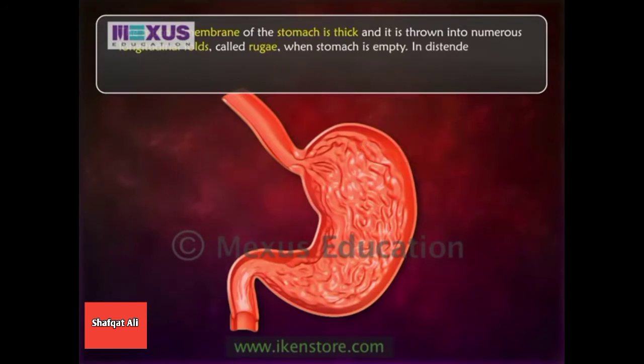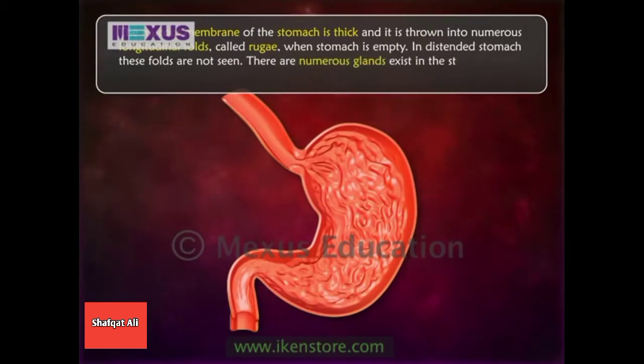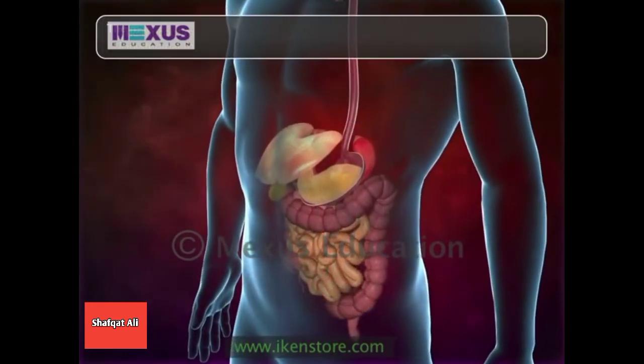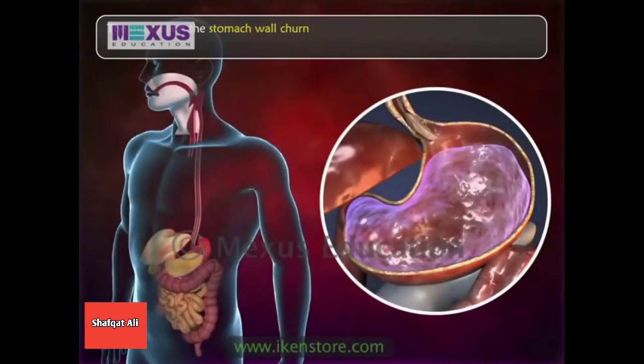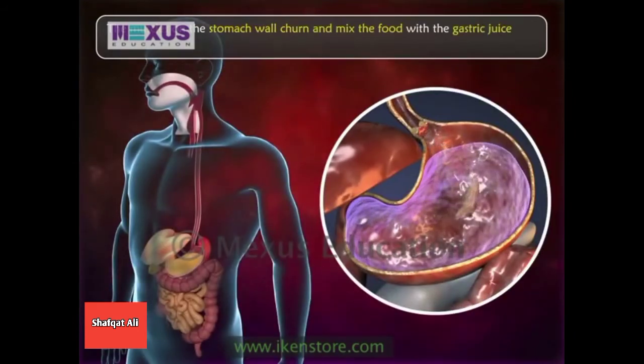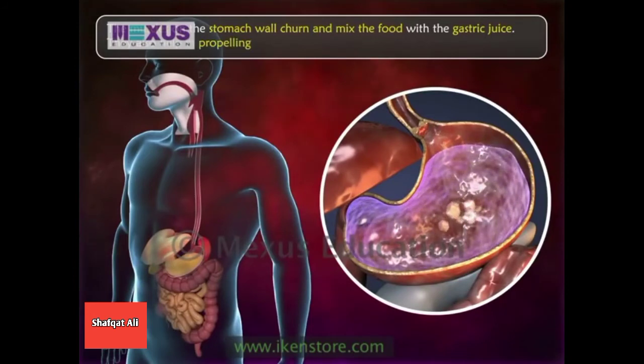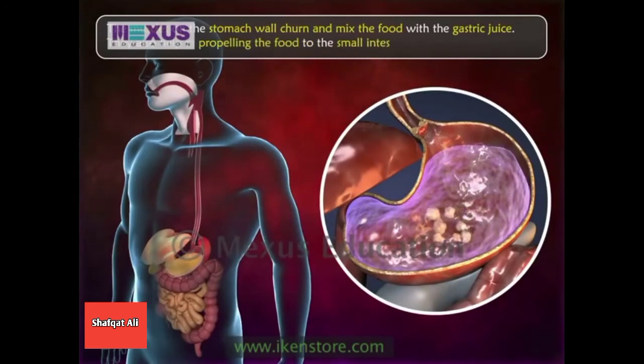In a distended stomach, these folds are not seen. There are numerous glands in the stomach which are called gastric glands. The muscles on the stomach wall churn and mix the food with the gastric juice. They also help in propelling the food to the small intestine through the pyloric end.